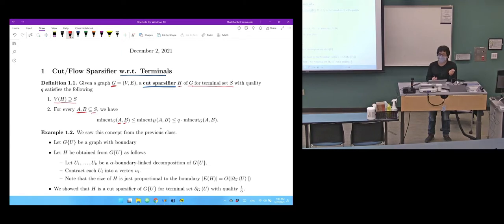The size of the min cut between A and B is preserved in H up to factor Q.